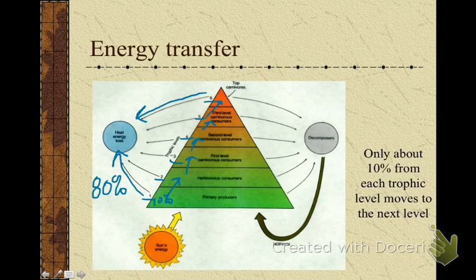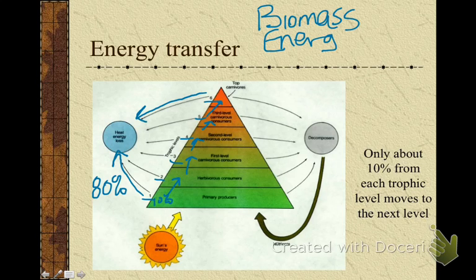This is true for 3 different pyramids, and you need to know the 3 different pyramids. It's the pyramid of biomass, the pyramid of energy, and the pyramid of numbers. Biomass is how much mass you have at each level. Energy is the amount of energy that is used at each level.